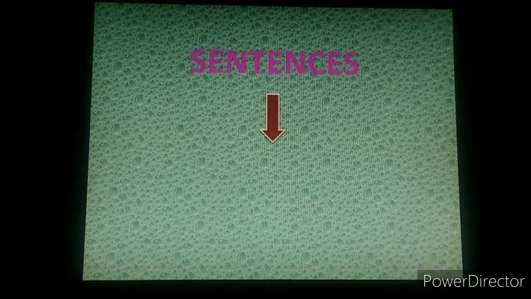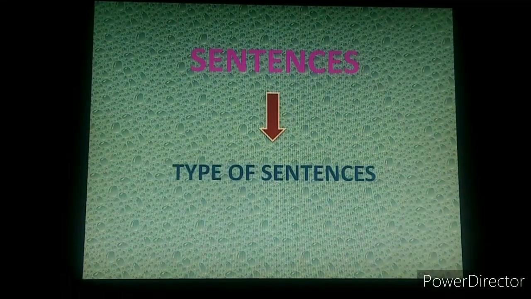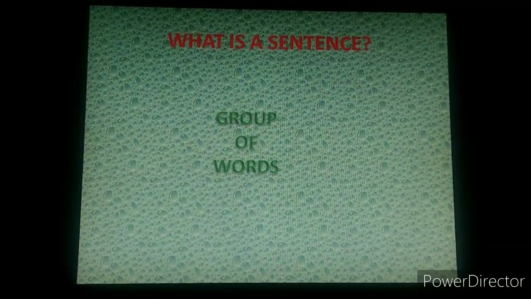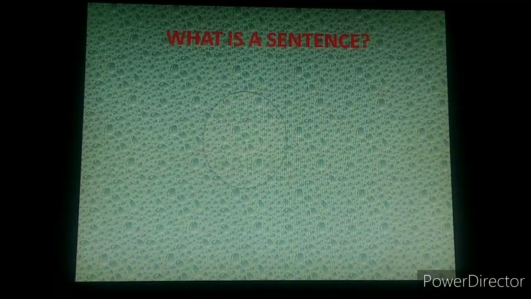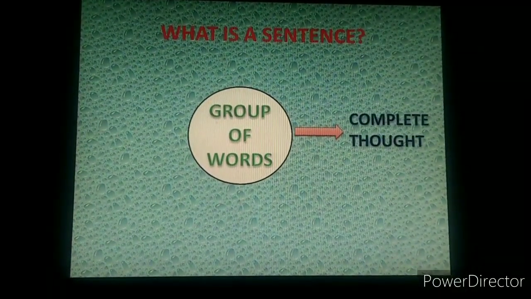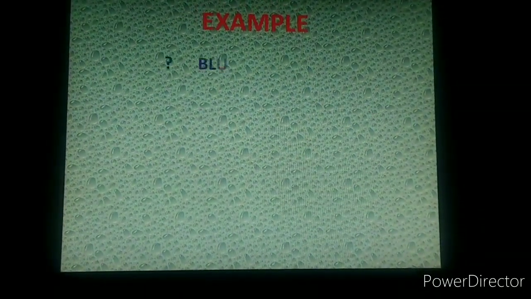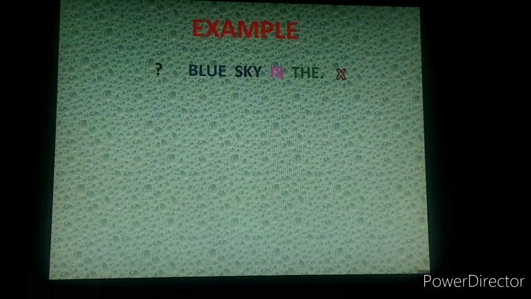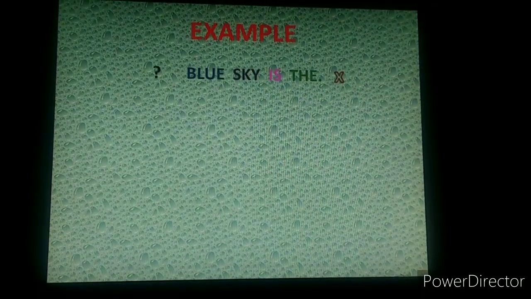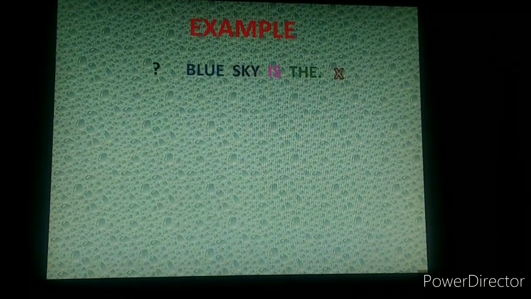We will study what a sentence is and the different types of sentences. So students, what is a sentence? A sentence is a group of words arranged in such a form that it makes a complete thought. For example, if we say "blue sky is the", it is a group of words but they do not make a complete thought.